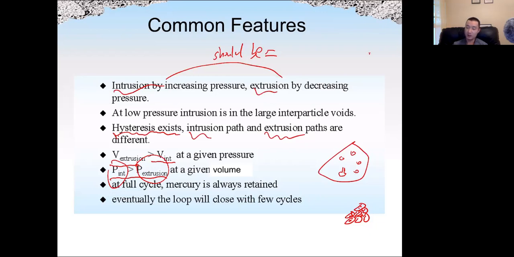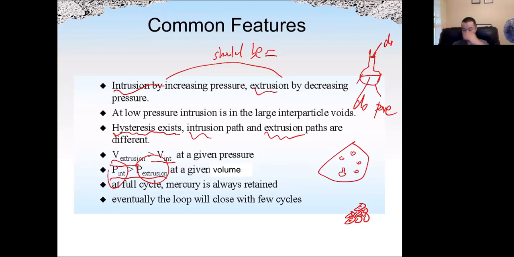It's similar to a container like this. Let's assume this is the pore. The real pore size is this, but the bottleneck is this much. Let's call D0 the real pore size and D1 the size of the bottleneck.